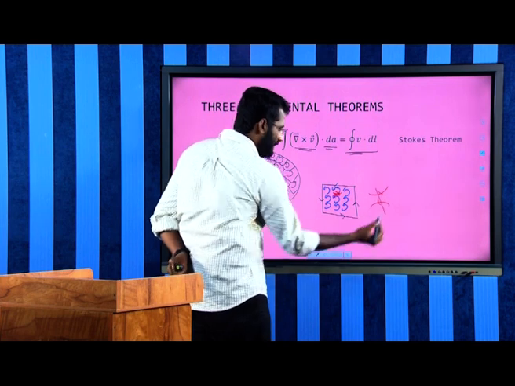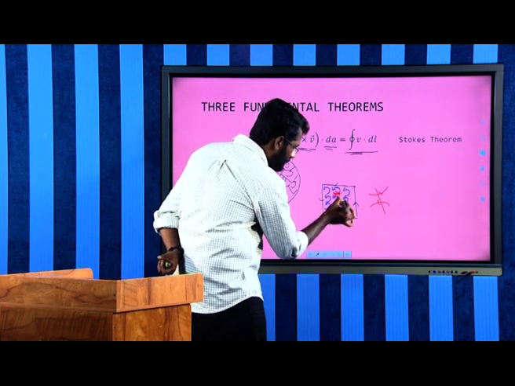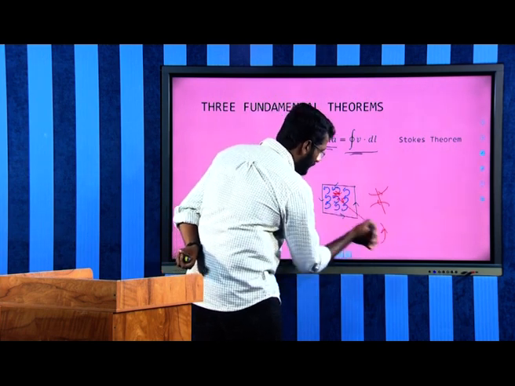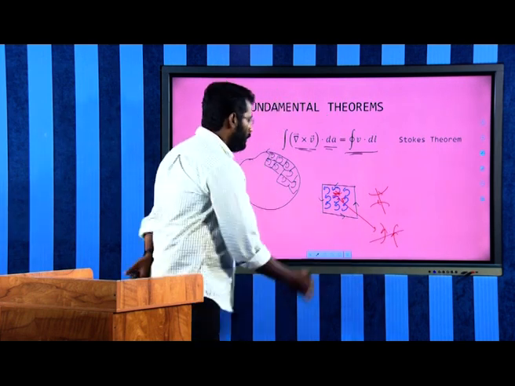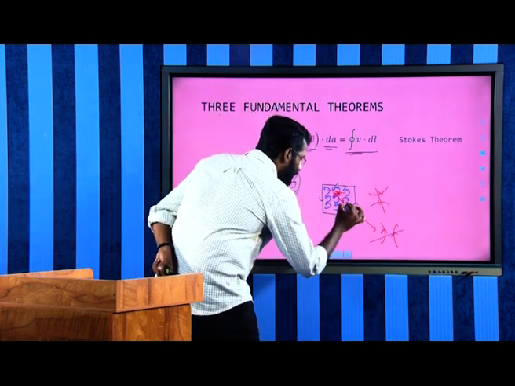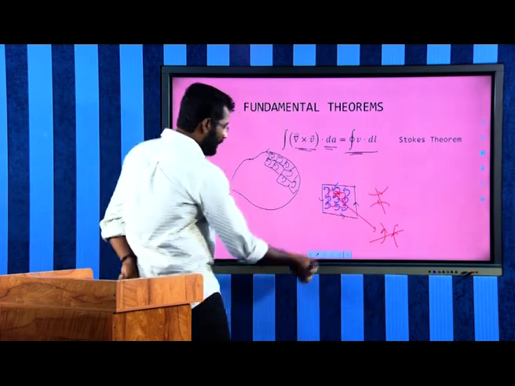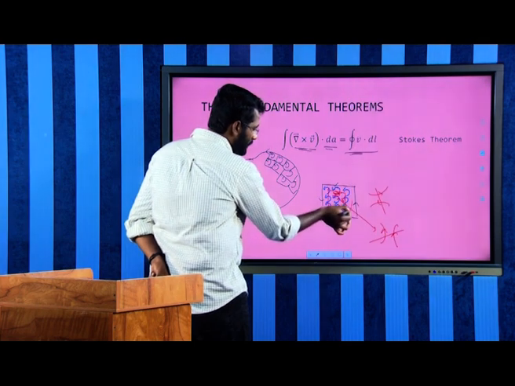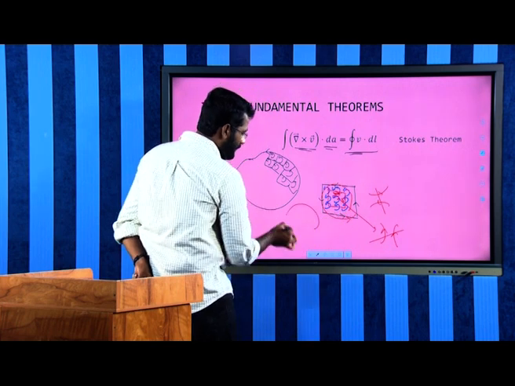So inside they will cancel, and you can see here also, one is directed like this, one is like this, they will cancel. So the total in the inside part will cancel. What remains? Only the outside part, that is this circulation. So we get something like this.